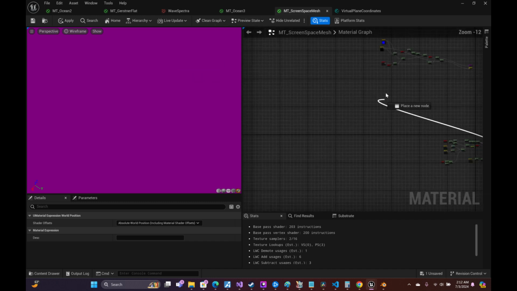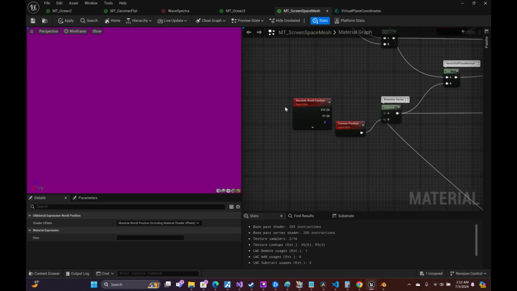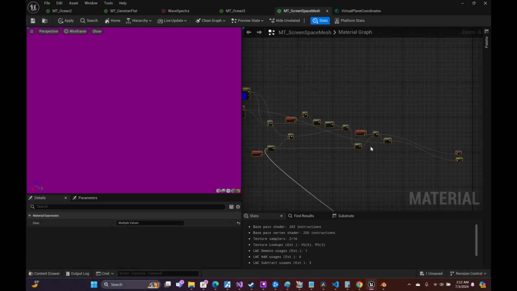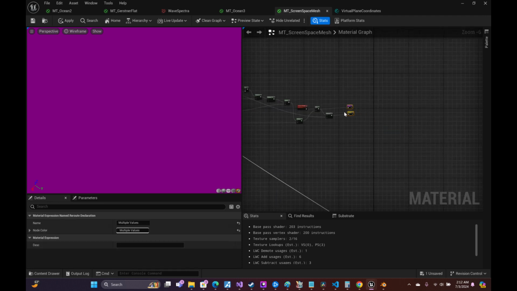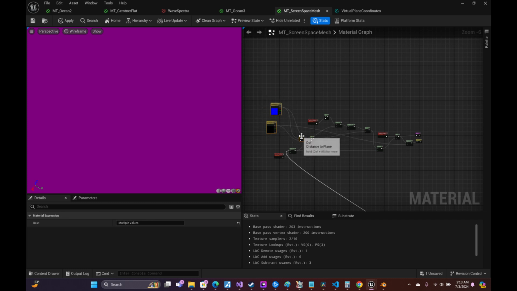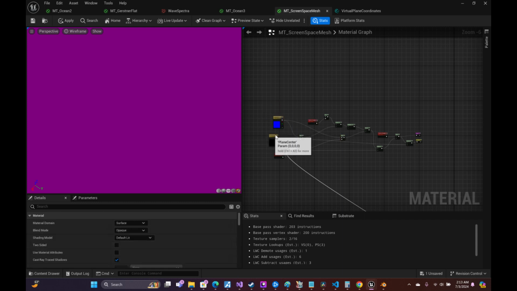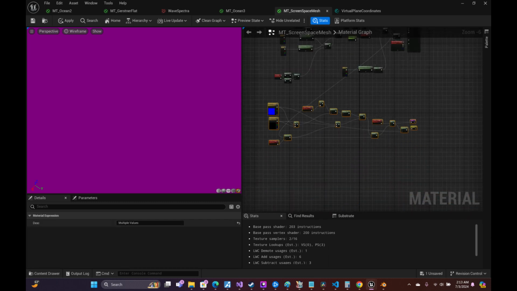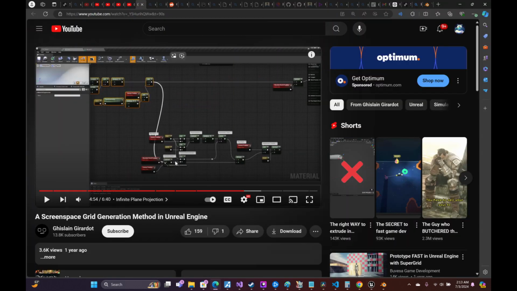And this is the position that he uses instead of the world position up here. Okay. Like he said, let's clean it up a bit. Alright, let's put it up here. Alright, so we plug this in here.